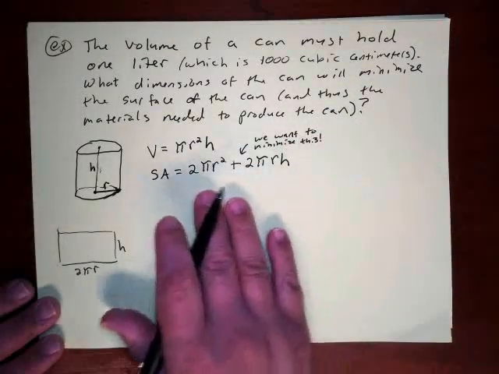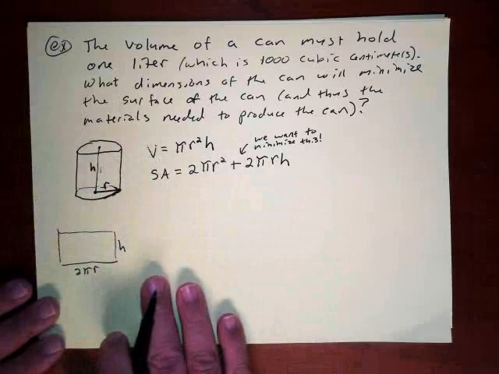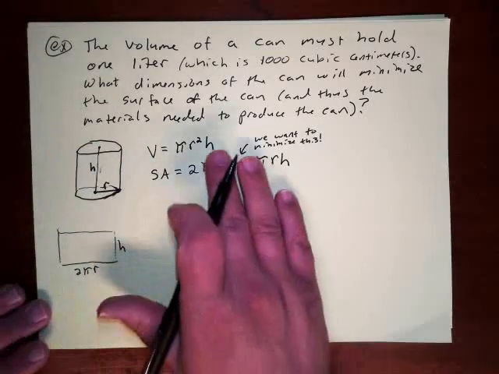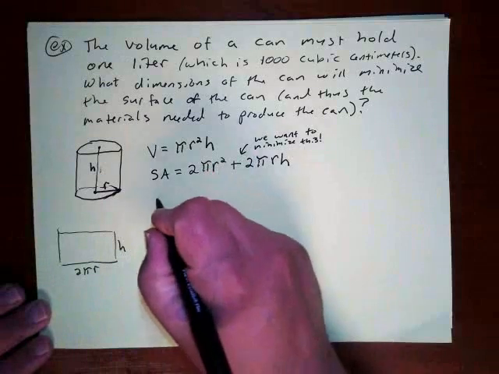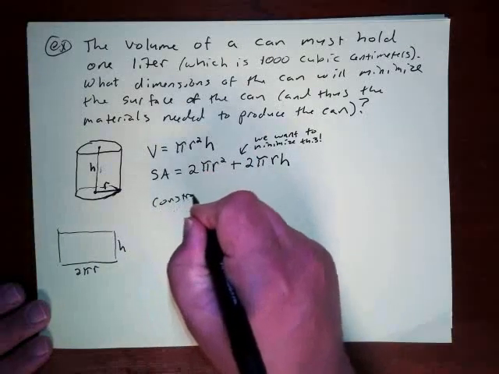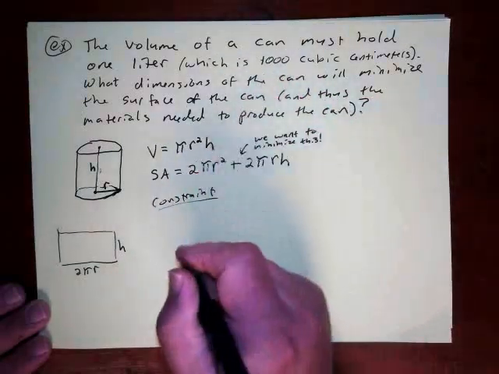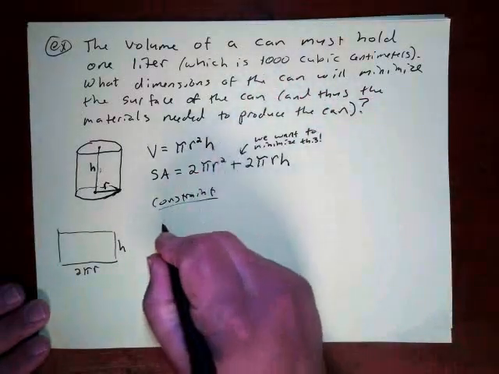Okay, and we want to find the radius and the height that are going to minimize the surface area of that can. Our constraint here is that this volume has to be 1,000 cubic centimeters.